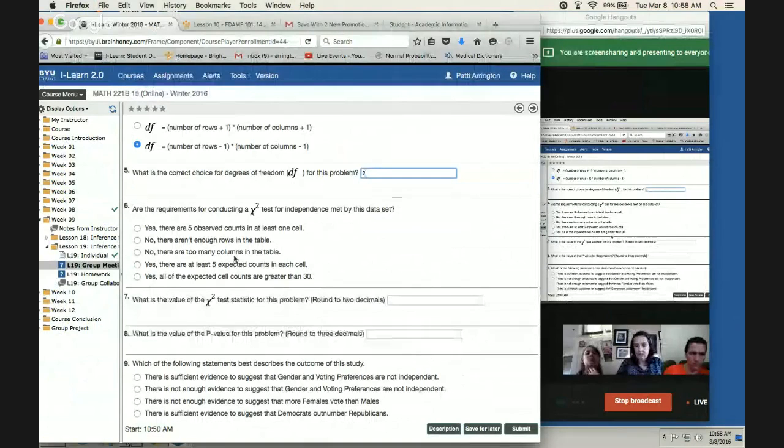Yep. Yeah, that's what I got. Okay, I think we're on you, Steph. Hold on, I was still listening. So you put degrees of freedom, it's the last one, right? Number of rows minus 1, times the number of columns minus 1. Yes. Okay. And degrees of freedom is 2, because you're minus 1 times. Okay.